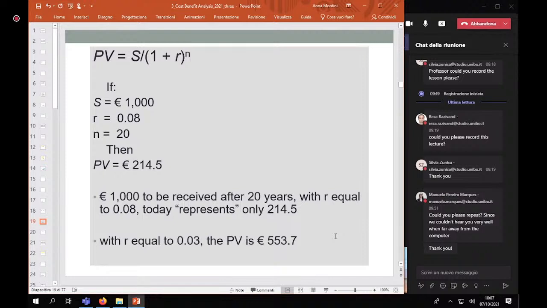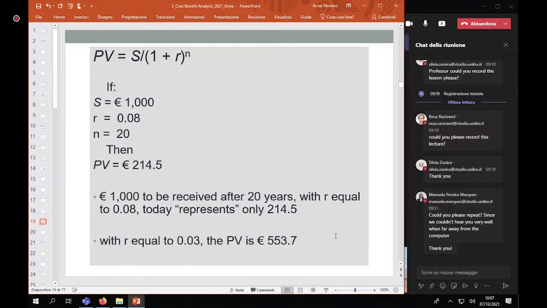Okay? Because with this kind of formula, I can calculate present values, even if the monetary figure will be obtained 20 years from now, 30 years from now, 100 years from now. Okay? But I have to define the discount rate.